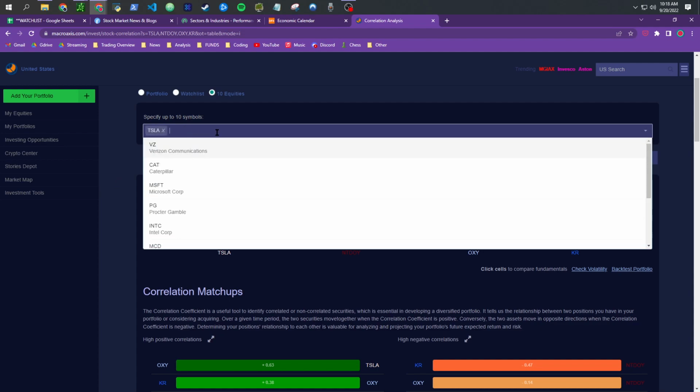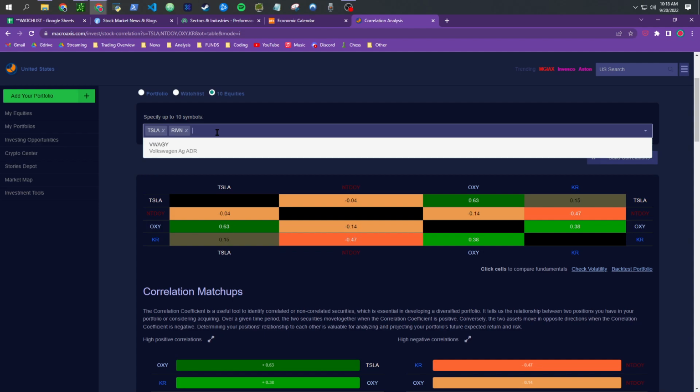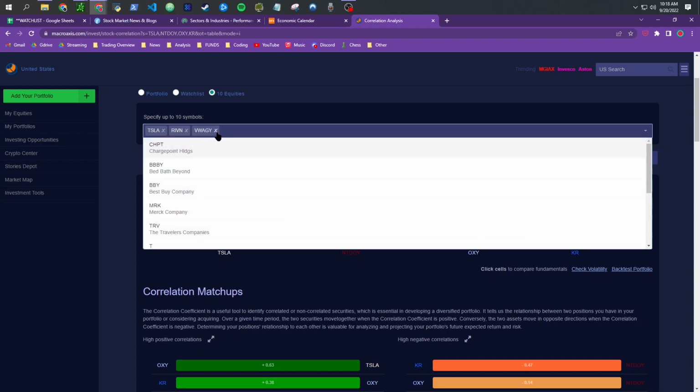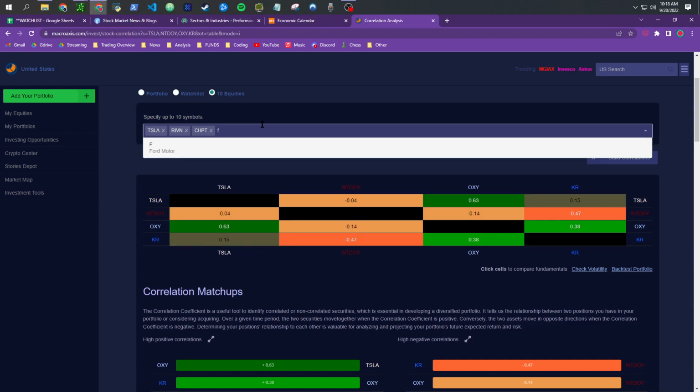So let's do Tesla, Rivian. What else we got? Let's try ChargePoint. That's not ChargePoint. What? Here we go. It's dancing. ChargePoint. What else? Is Fisker still around? Or did they already go bankrupt?